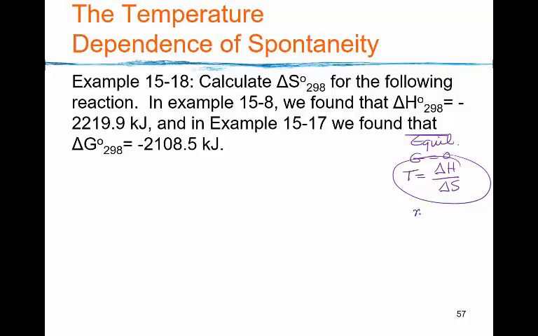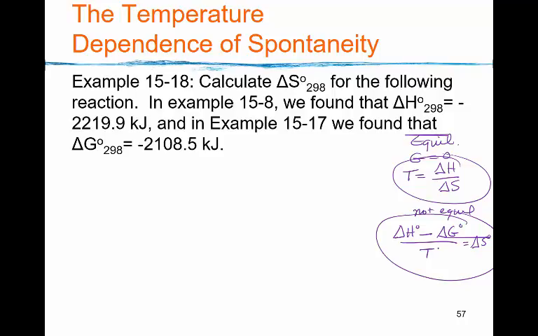And so if it's not at equilibrium, then we're going to have delta H, and we're going to do the standard ones, minus delta G, okay, divided by T will give us delta S 0. And you can use this, rearrange it however you need to solve for different things. Okay, if you're looking for delta G or delta H or whatever, you can just rearrange it.